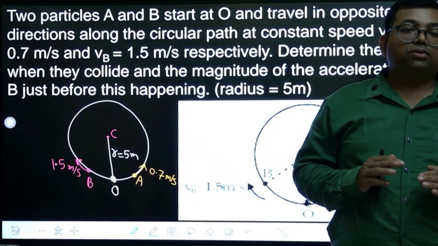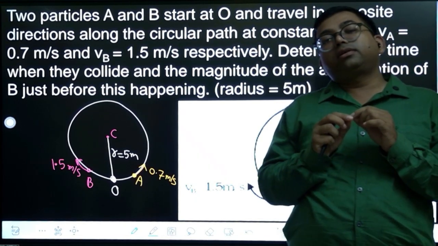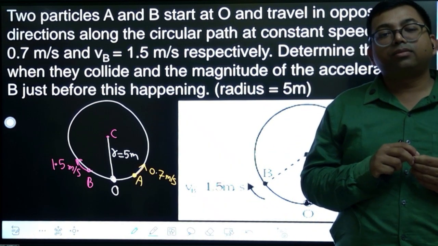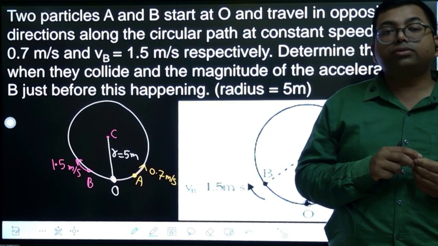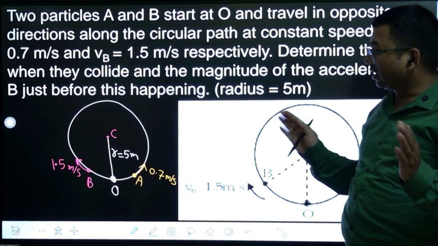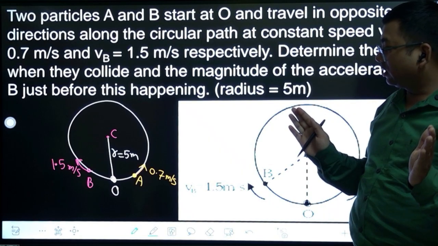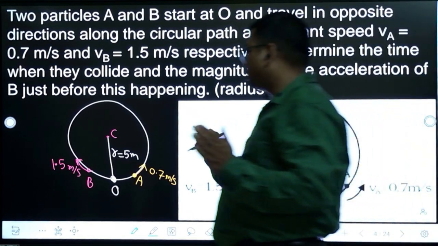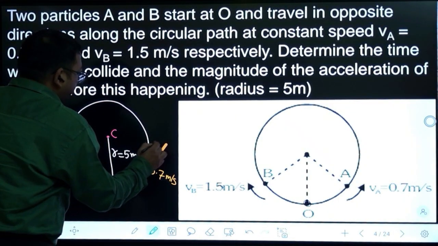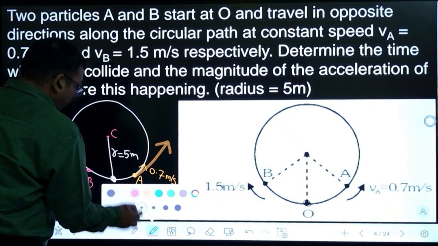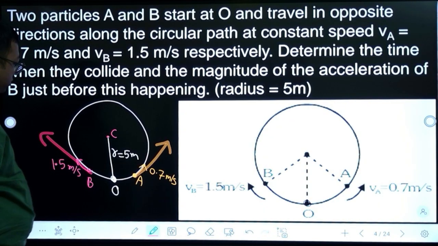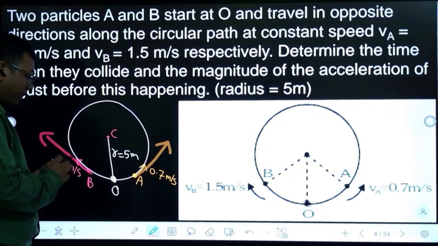If you take a given instant, you can calculate relative velocity at that instant. Whether the magnitude is changing or not, that you check. Let's say at an instant, for example, this is VA, going along the tangent in this direction, and this is VB along this tangent.